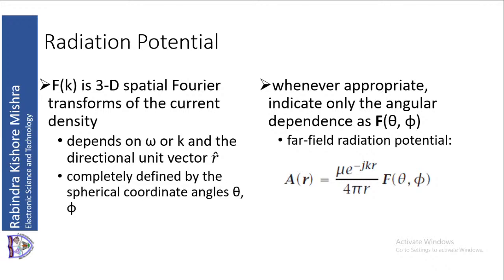So this is what the radiation potential is. Using the radiation potential we can find out only the far fields, not the near field. Since we have considered only the far field term approximation, using this we will find only the far field.